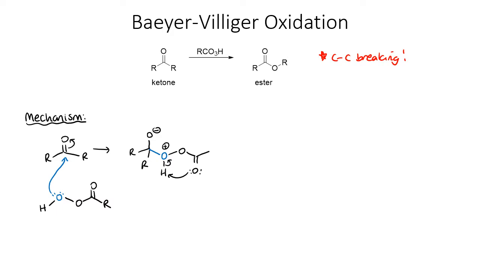Now this step occurs very readily because we have a 5-membered transition state. We're involving 1, 2, 3, 4, 5 atoms. So this forms a very nice ring and allows it to work with itself. So we'll give the electrons to the oxygen and form another intermediate.